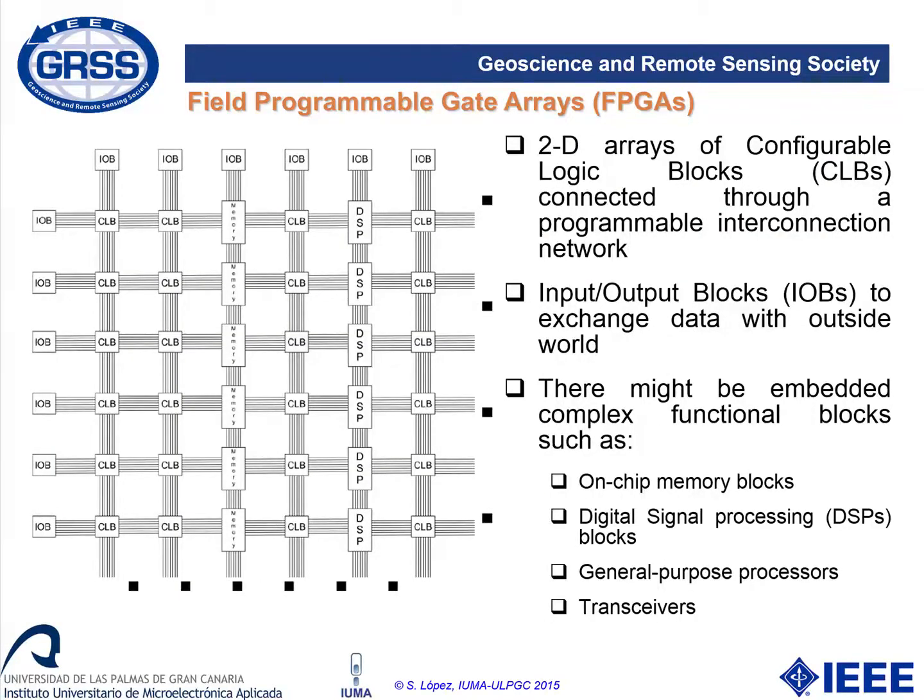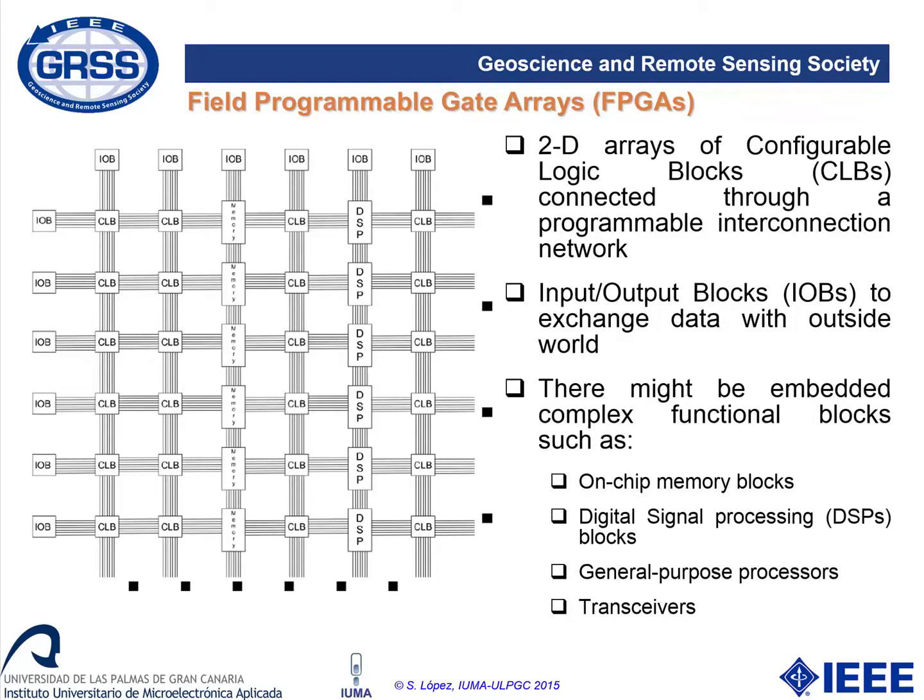So the basic structure of FPGAs is the one shown in this slide, where what we have is a two-dimensional matrix of what we call CLBs, configurable logic blocks, that are connected through a programmable interconnection network. Basically in these CLBs, what we can do is very simple operations with the structure that is inside the CLB.